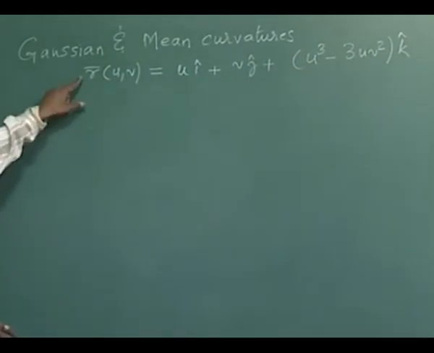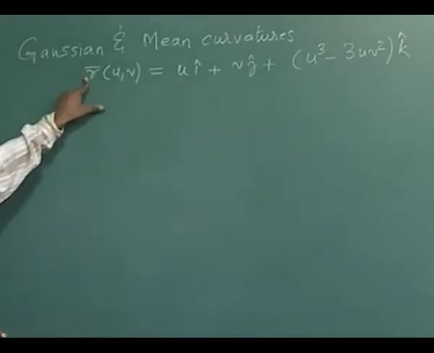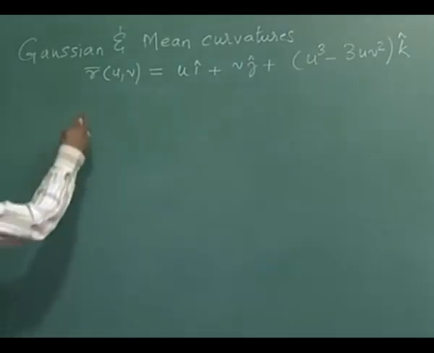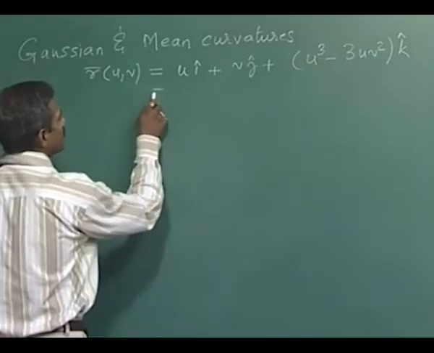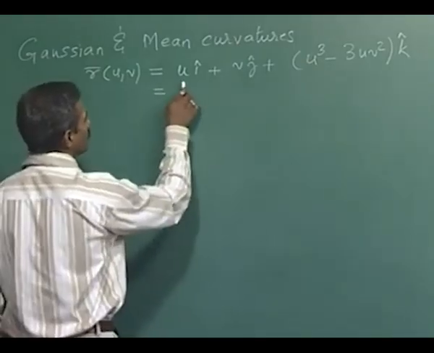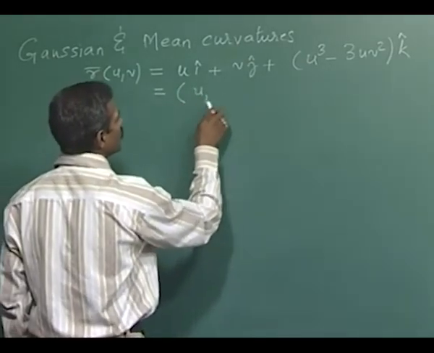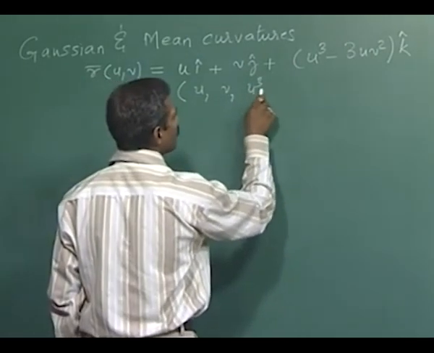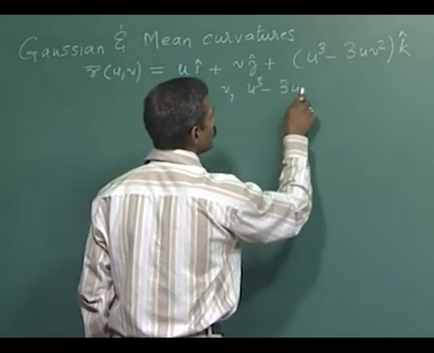I'll show you later how this looks graphically, but for now let's try to compute the elements of the first and the second fundamental matrices. In ordered form, I can write this as (u, v, u cubed minus 3 u v squared).